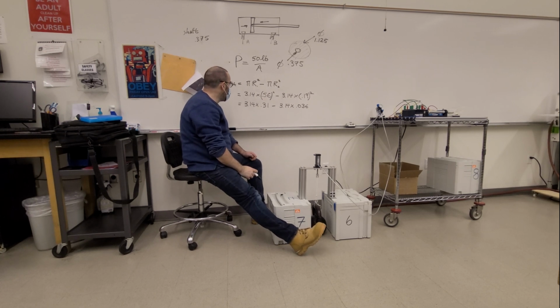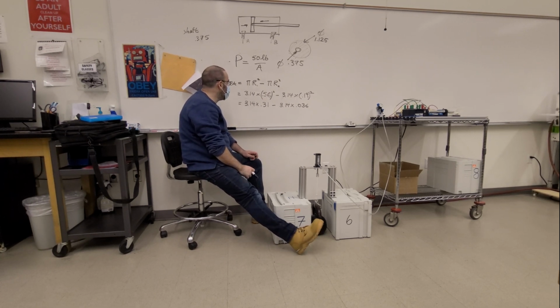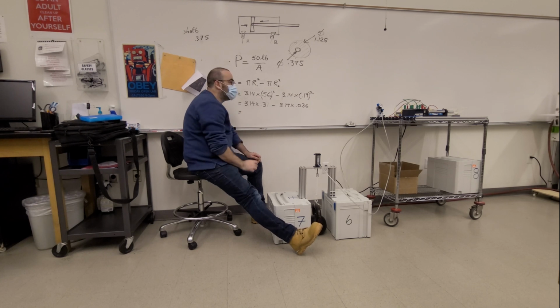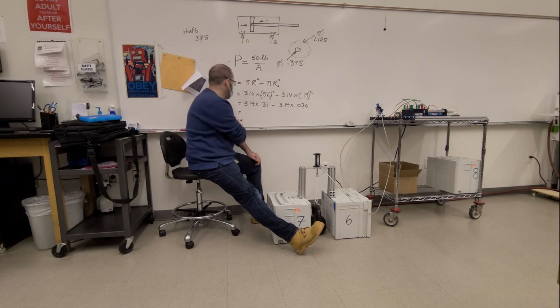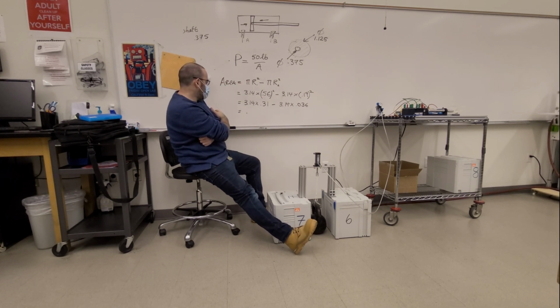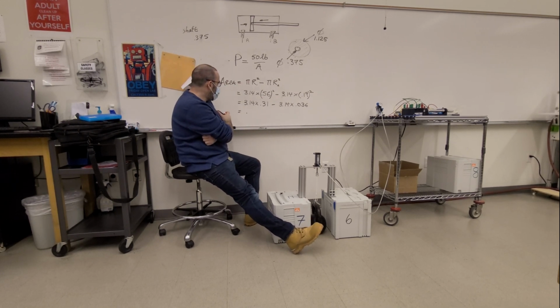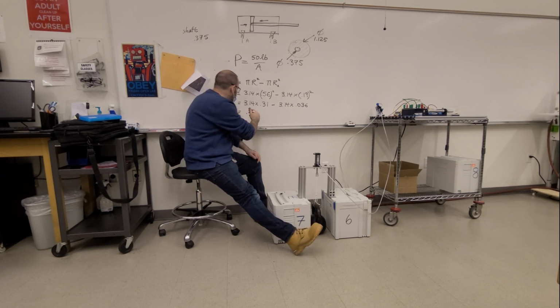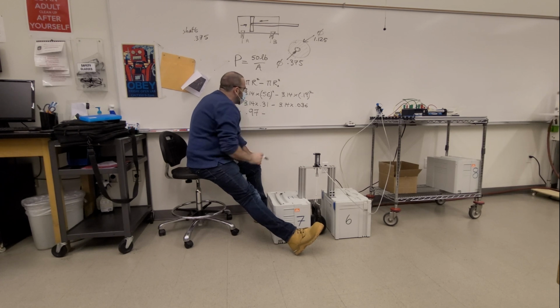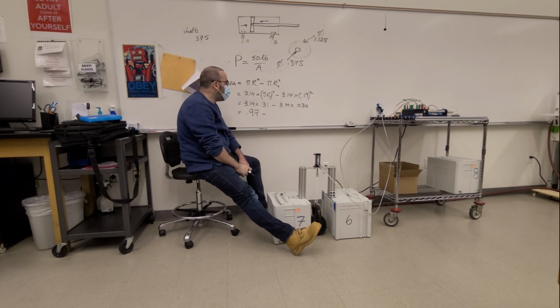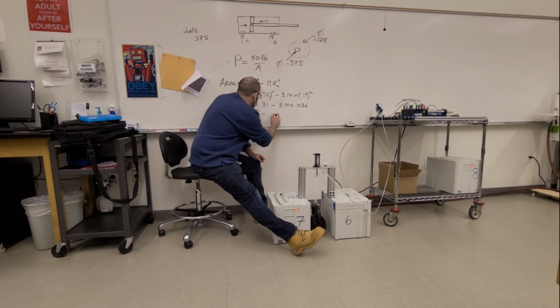What is 3.14 multiplied by 0.31? 0.97. And 3.14 multiplied by 0.036 is 0.11.